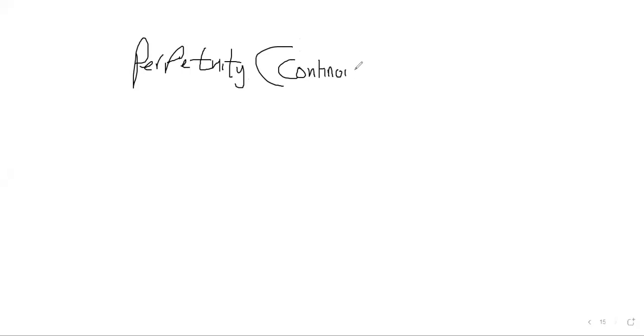Then we have what we call perpetuity. Perpetuity is a continuous cash flow, which is a cash flow of the same amount.